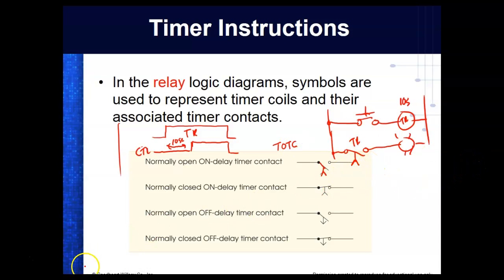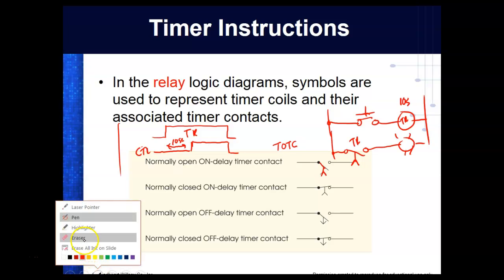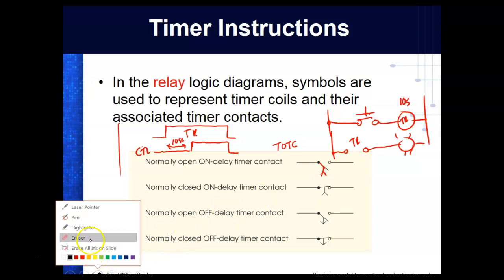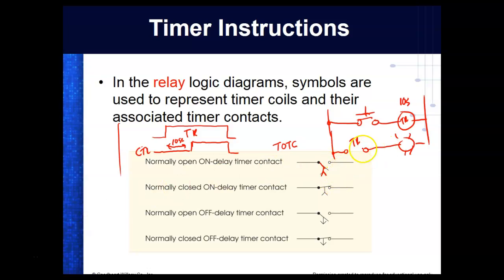Now if I come over here and change this contact like this, I get to my pin. So if it points in, this defines it as an on delay timer.